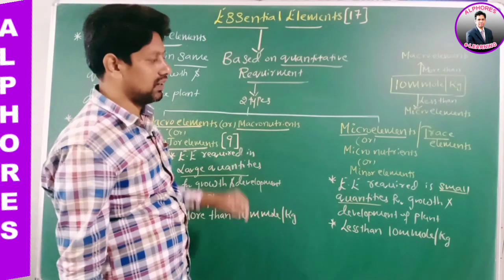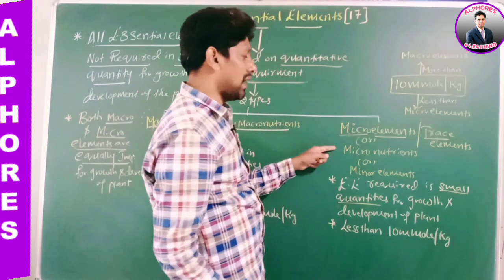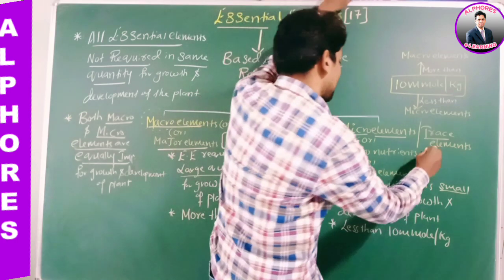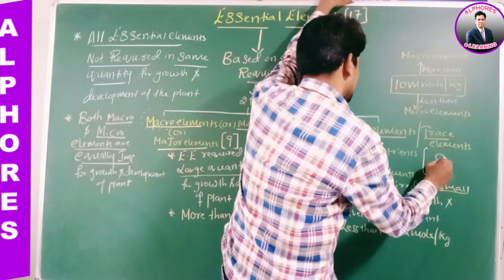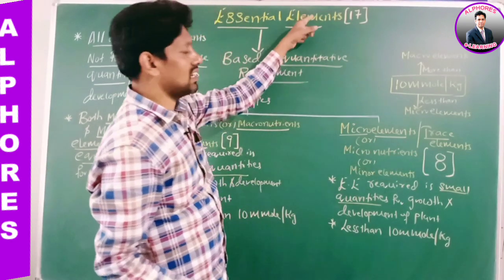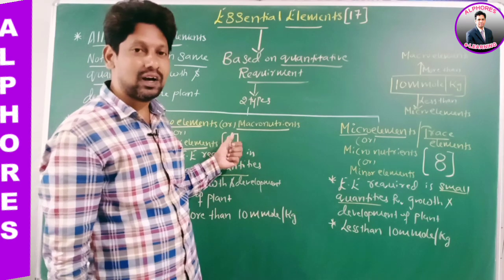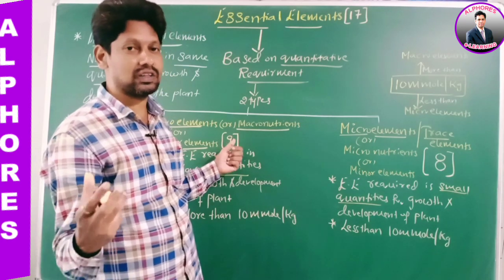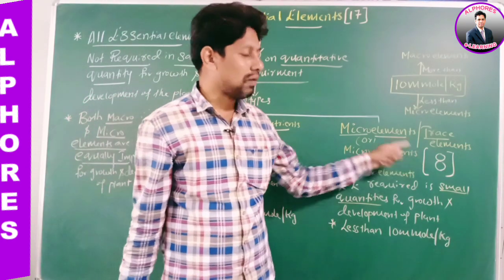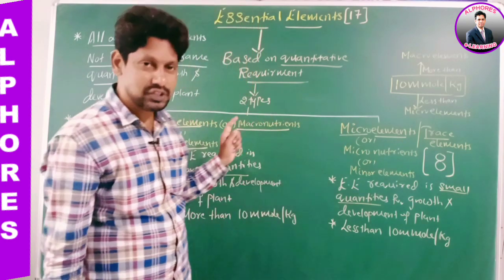Micro elements, trace elements, micronutrients, minor elements are how many? 8. 9 plus 8, total 17. So the plant requires 9 macro elements in large quantities and 8 micro elements in small quantities for growth and development of the plant.